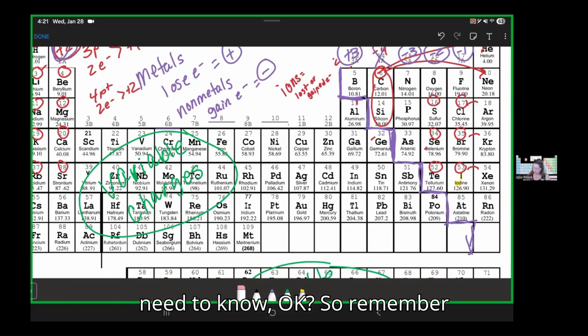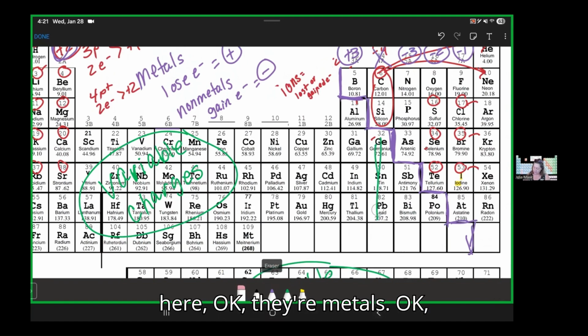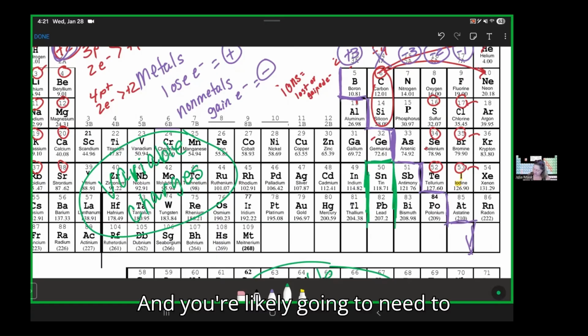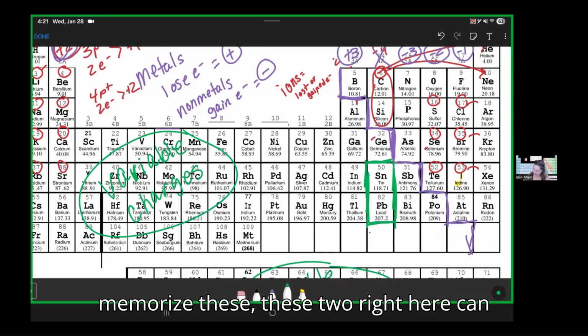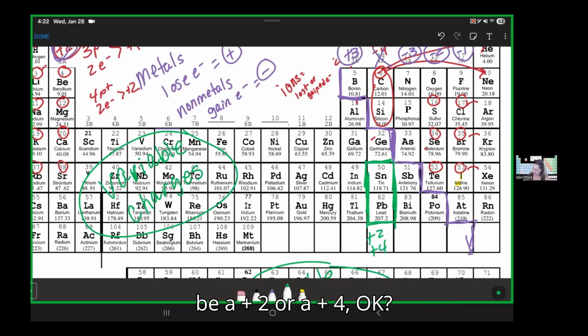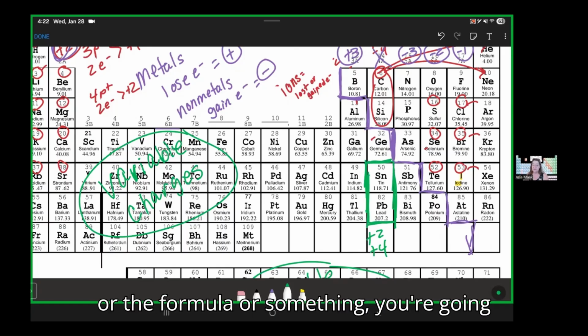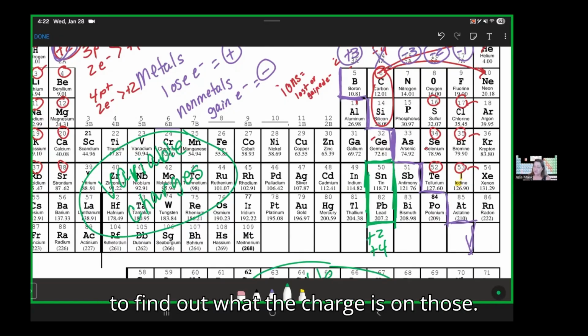Okay, so remember, I said that tin and lead, these guys right down here, they're metals. Okay, well, we know that these two right here, and you're likely going to need to memorize these two right here, can be a +2 or a +4. Okay, so you're going to find out from the name or the formula or something what the charge is on those.